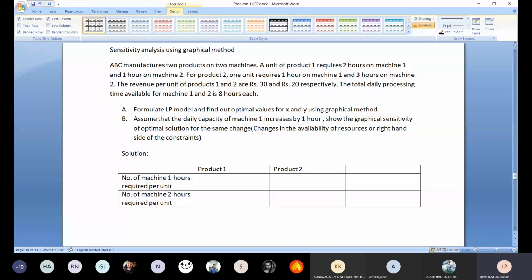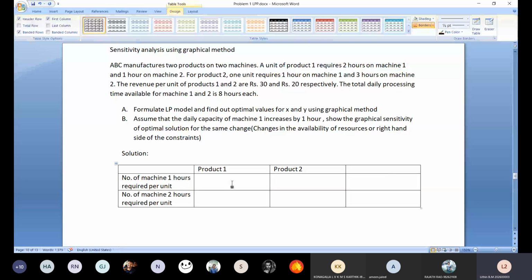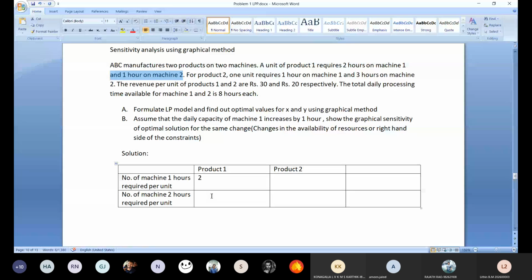Understand the problem. We are producing two products, product 1 and product 2. A unit of product 1 requires 2 hours on machine 1 and 1 hour on machine 2.